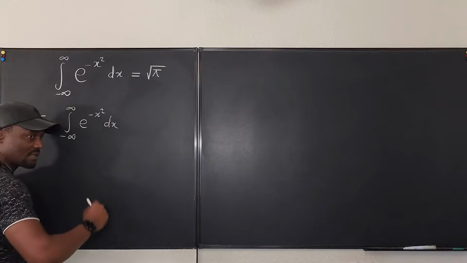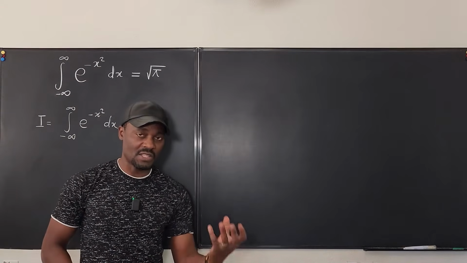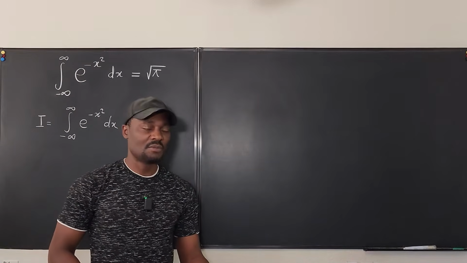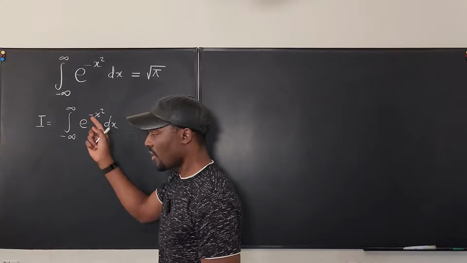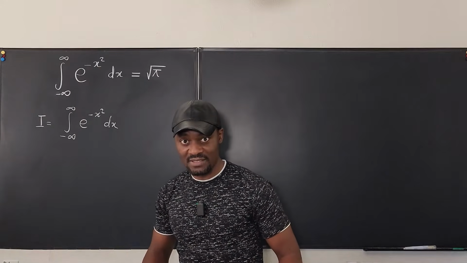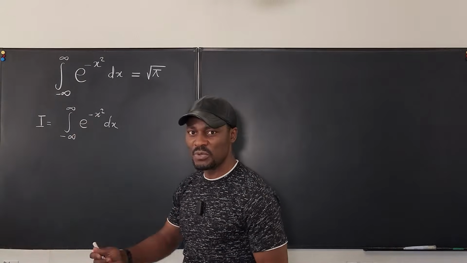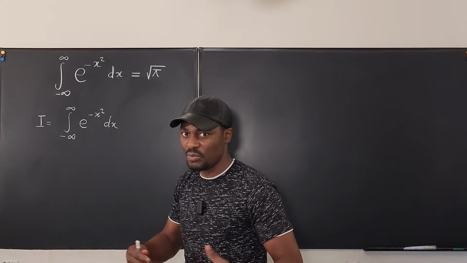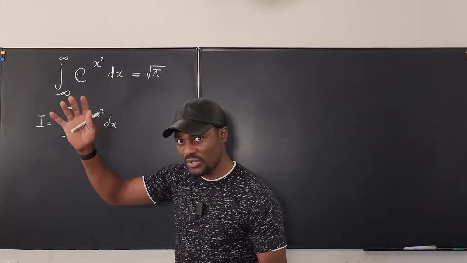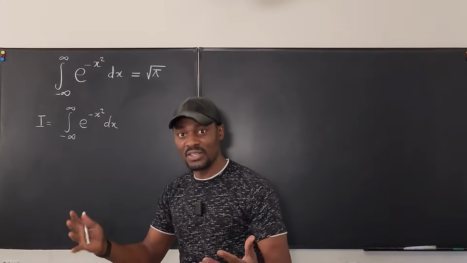When I do this, I'm going to get an actual number as my answer, okay? Because this is defined on the rectangular axis. But I can also change the letter that I'm using. I can use x, I can use y, because if I flipped it to the y-axis, I'll get the same area under the curve.